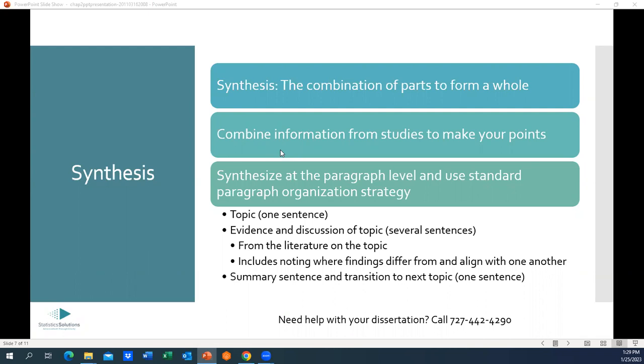You don't want to talk about one study and then another study and another study. That's more like an annotated bibliography. This is more like you have a topic or a point, right? And I'll have an example here in a minute. And you pull different details from the studies to help make that point, right?